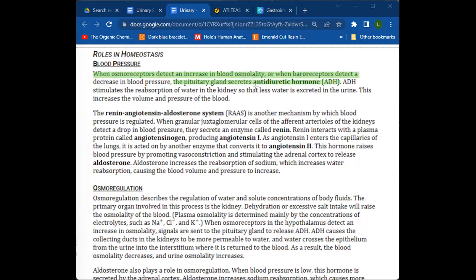And so less water is going to be removed in the urine, and water is going to be put back into the blood. As more water is put back into the blood, that will help increase blood volume and therefore help increase blood pressure.